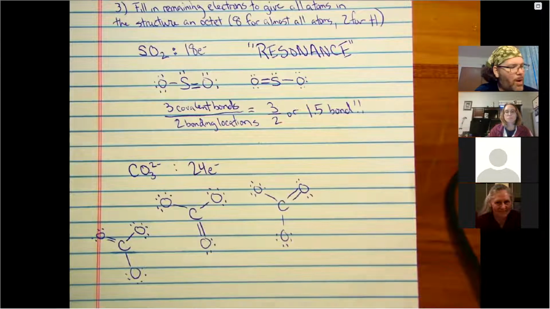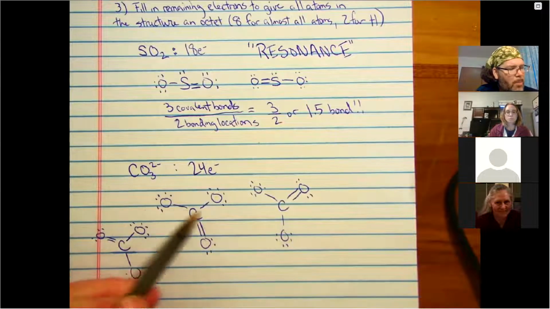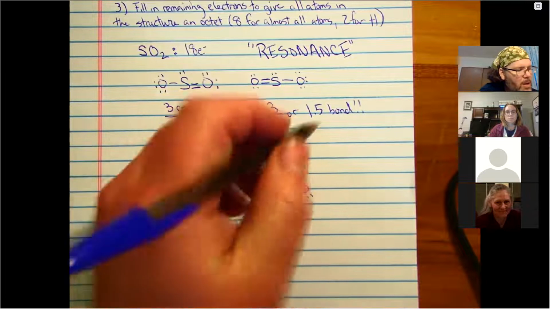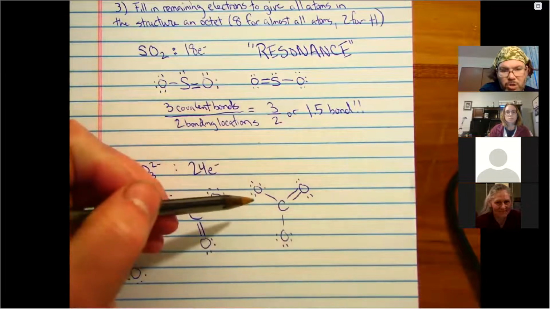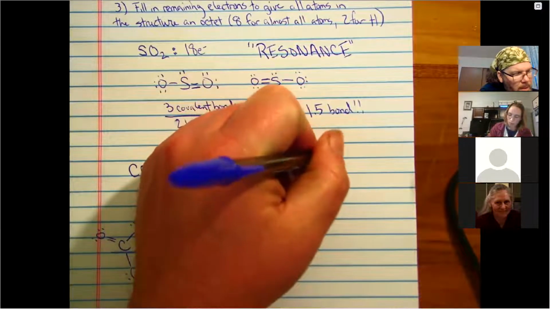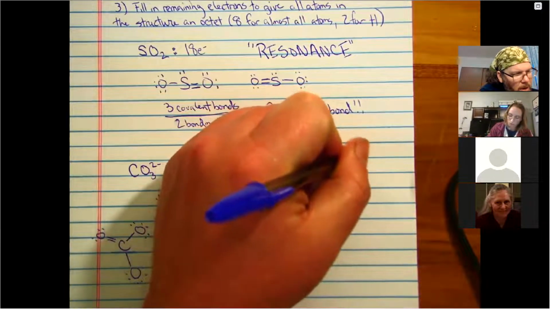So how do we figure out what those bonds between carbon and oxygen actually are in carbonate? First of all, they're not single and double bonds. All of the bonds between carbon and oxygen in carbonate are identical to one another. But what are they if they're not single bonds or double bonds? Well, in any one of those Lewis structures for carbonate, we have a total of 4 covalent bonds being shared between carbon and oxygen.